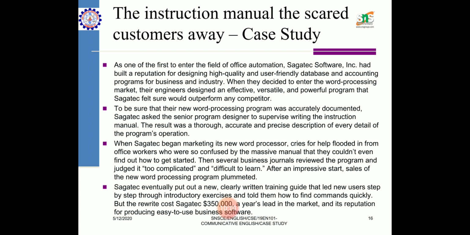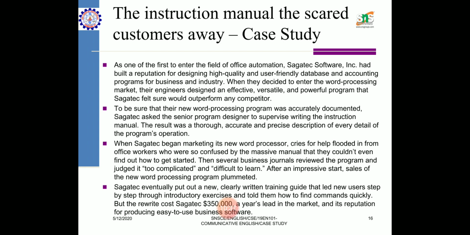There was a drastic failure in the sales and marketing of the product, so the Sagatic software company did many things to overcome this problem. They understood where the problem was, and they appointed an engineer who could perform this step-by-step process successfully.